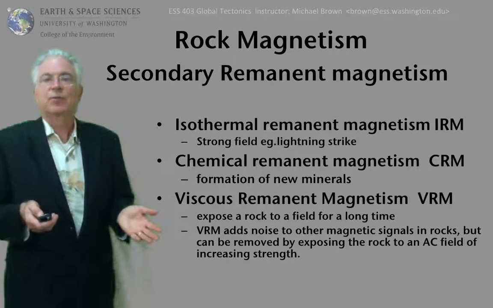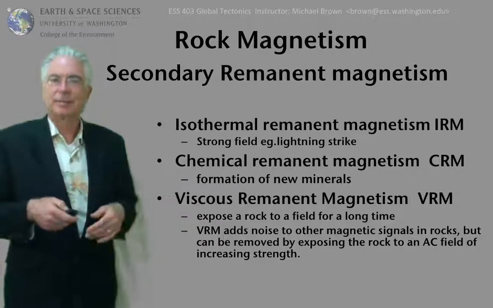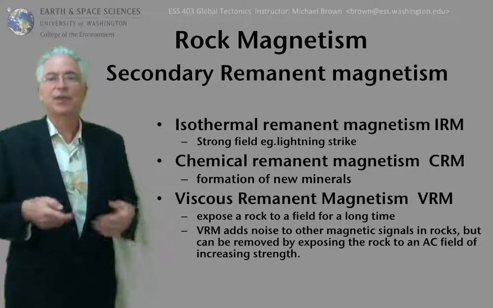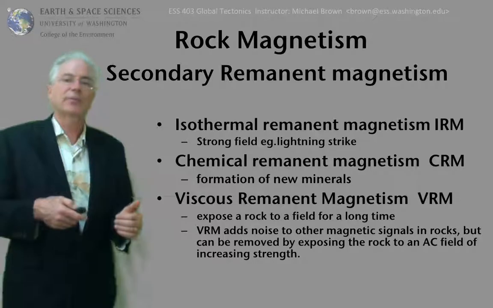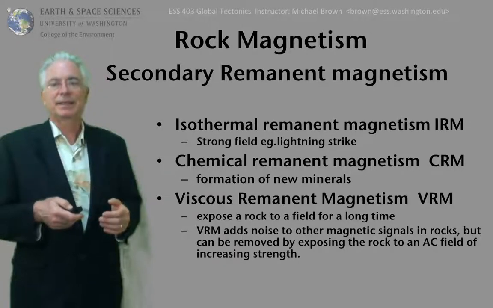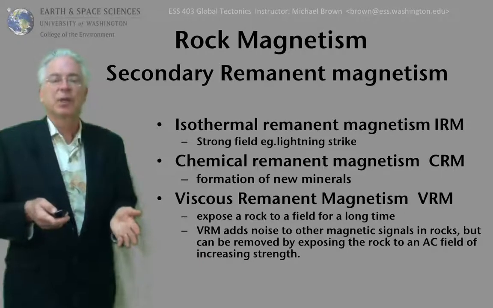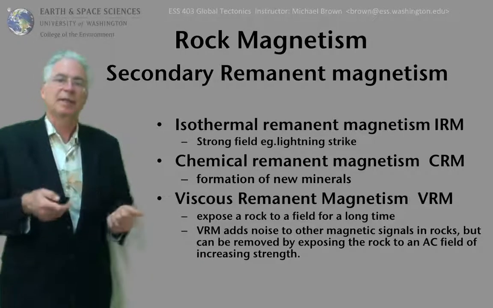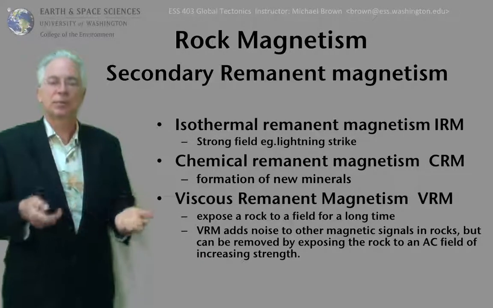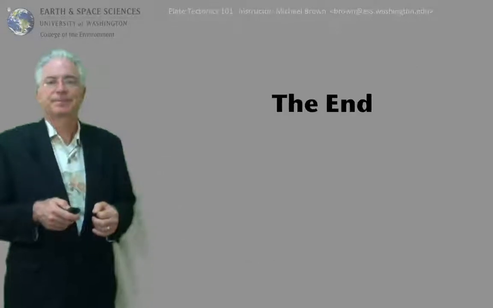Now, viscous remnant magnetization actually can be cleaned. It is a noise that sits on top of primary magnetization, and paleomagnetic researchers have determined ways to identify viscous remnants and to remove them from their samples.